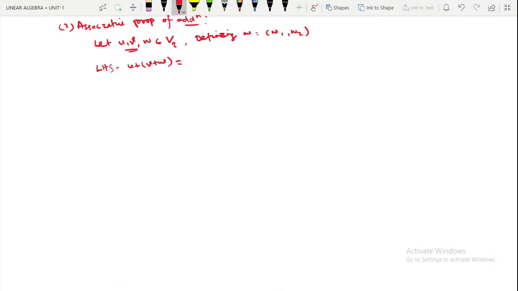This is u plus v plus w. So u means this is u1 comma u2, v means this is v1 comma v2, and w means this is w1 comma w2. Then if you add, u1 comma u2 remains the same. First you have to do the bracket work. What is this one?